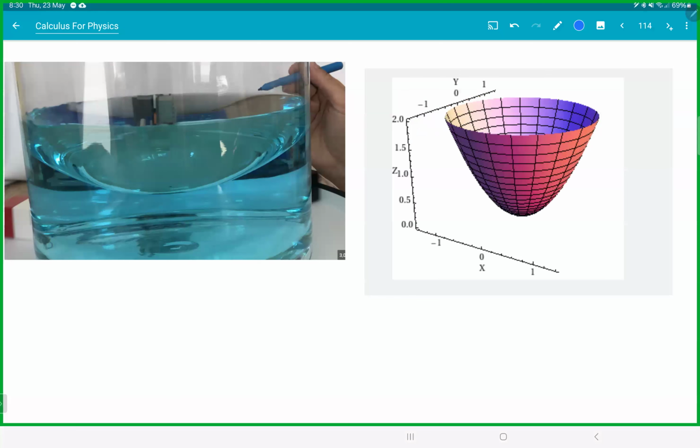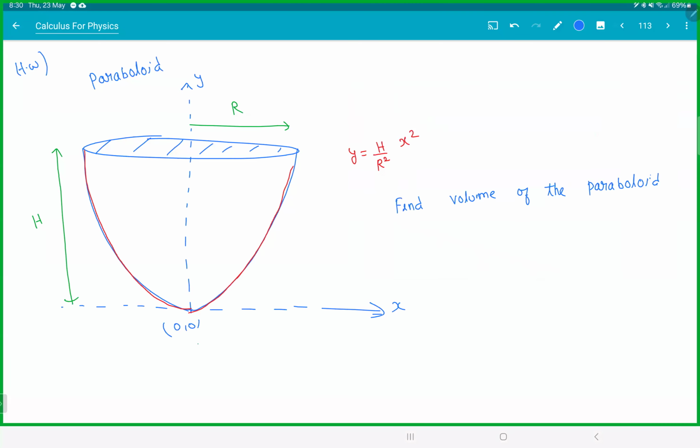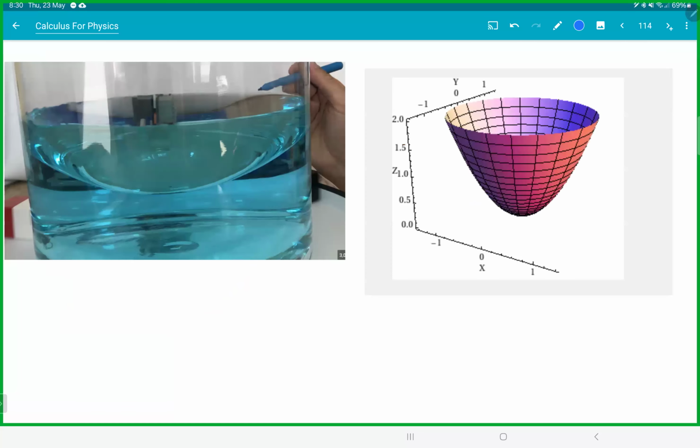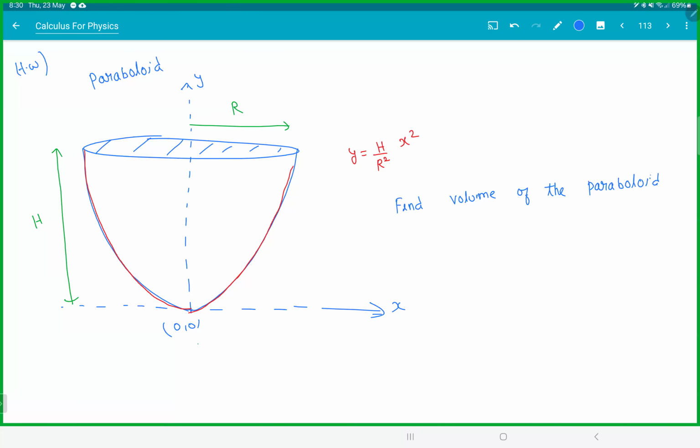That shape is actually a paraboloid. When rotated in a container, the shape we get is a paraboloid. So I want you to find the volume of this paraboloid.